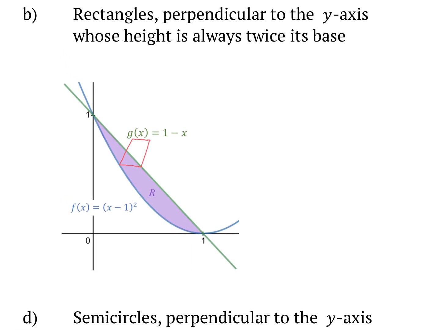Okay, let's get that area function first. So it's a rectangle, so it's base times height. But in this case, the height is twice the base. So that height is really twice the base. And so really this would be 2b squared.